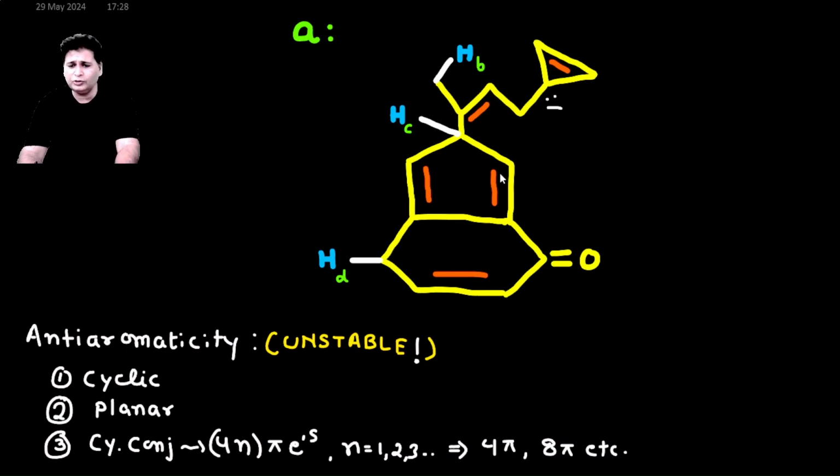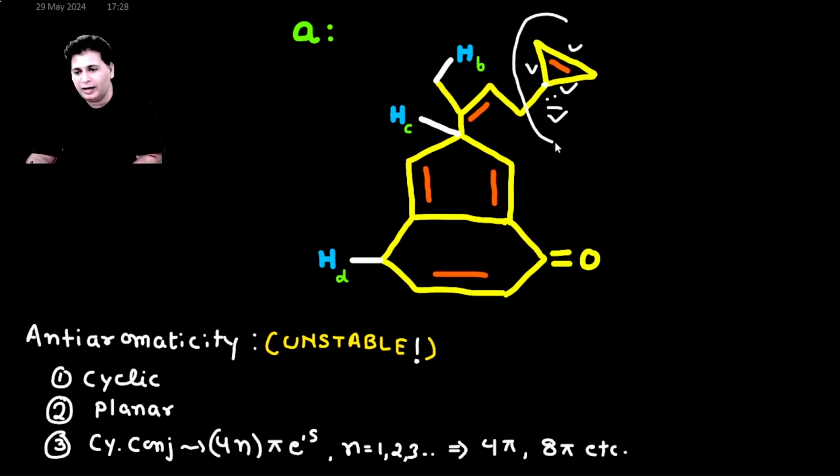So as you see the possibility, you find a conjugation. How? Minus, single, double. Either you go this way or that way, minus, single, double. So you find a certain part like this being cyclic in nature, it's a flat portion, and there is a cyclic conjugation, as you may have observed.